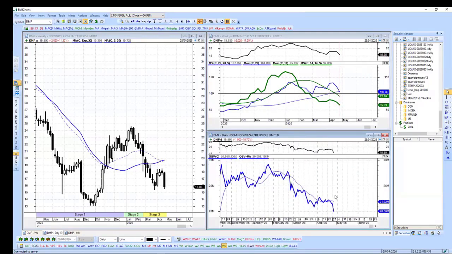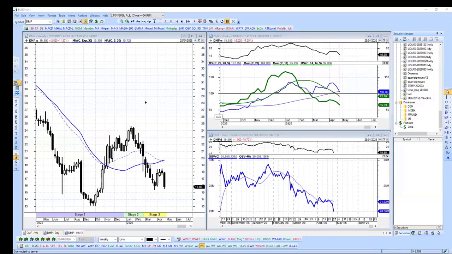So if I wanted to, I could look at the same stock in different views, using different templates in each one. And if I wanted to do that arrangement every day, that becomes a workspace, which we haven't talked about today. It's a long time since we have, but maybe we should talk about workspaces another day. But that's one example of using specific templates and multiple charts in the window.